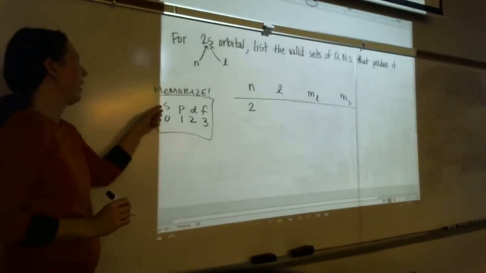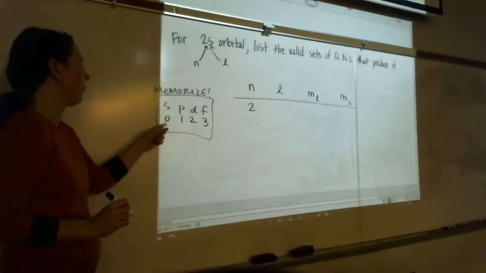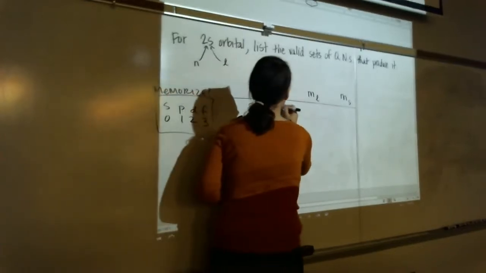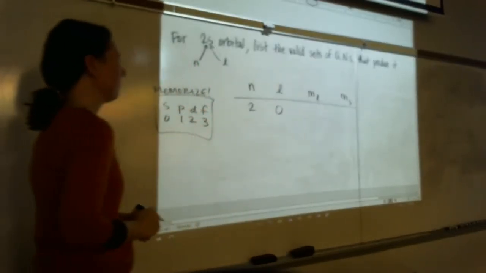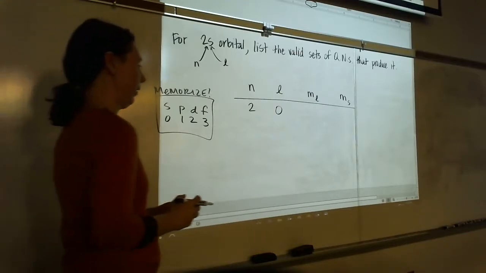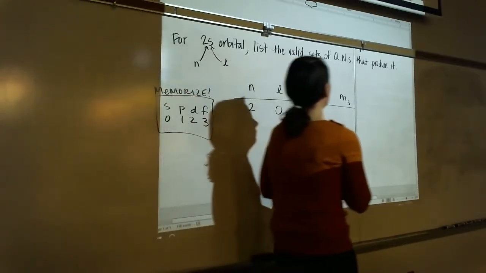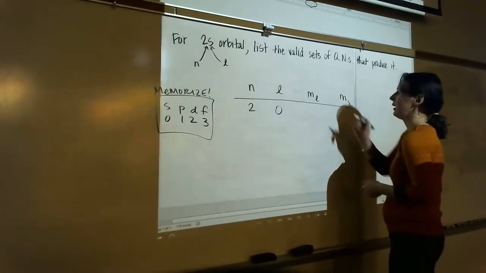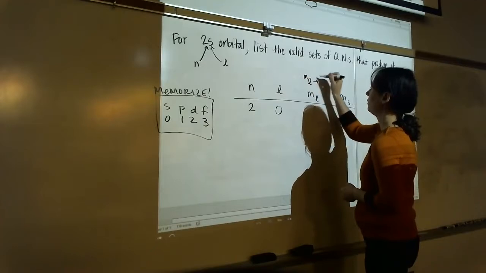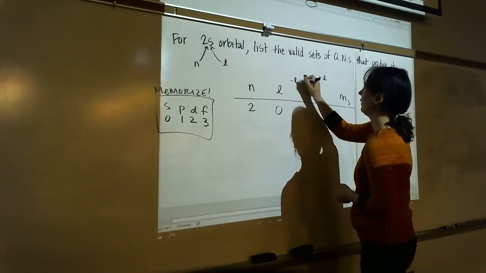All right, if you've got an s orbital, what's the value of L? 0. All right, what's the range of allowed values for m sub L? It goes from negative L to positive L, right?